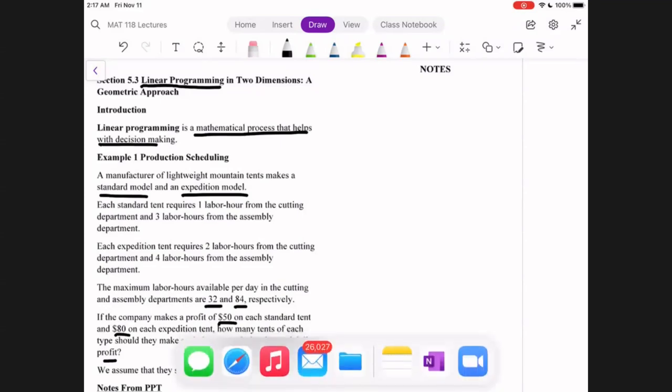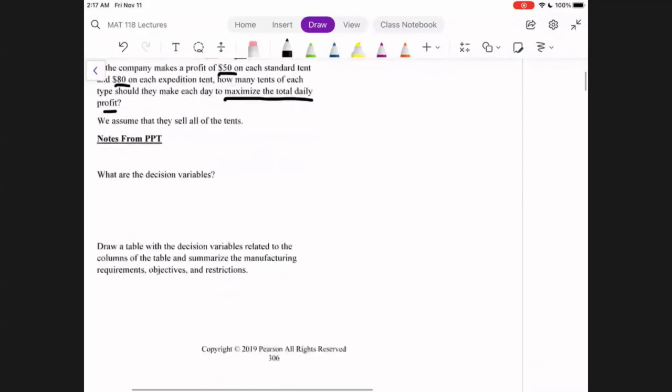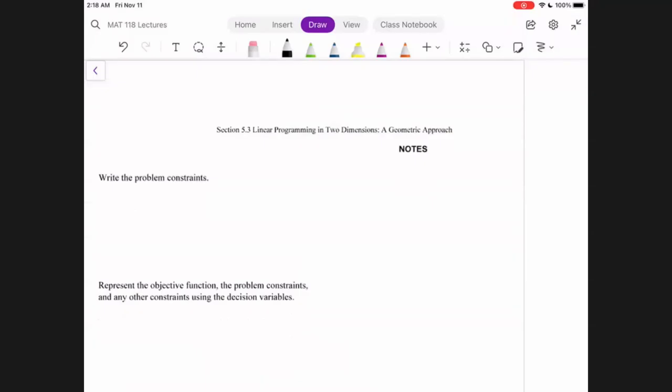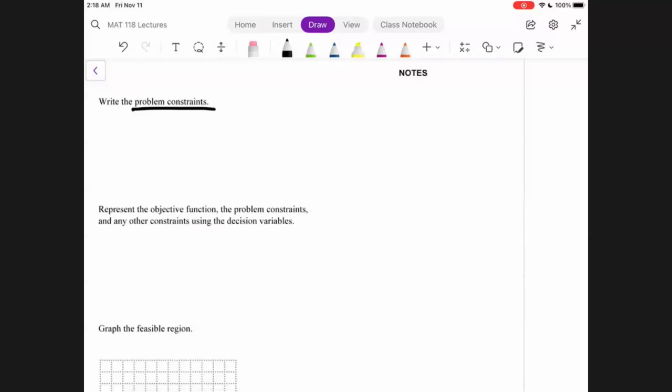So this walks us through. We have a lot of information here, and it asks what the decision variables are. Draw a table with the decision variables related to the columns of the table and summarize the manufacturing requirements, objectives, and restrictions. There's a lot you could say for that. Then it says to write the problem constraints after that table, and then give your objective function, the problem constraints, and any other constraints.